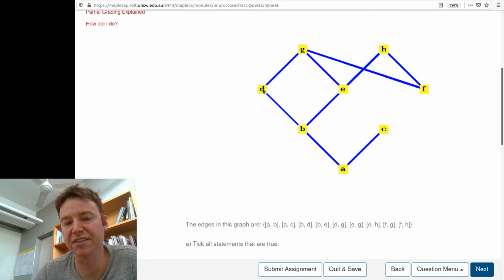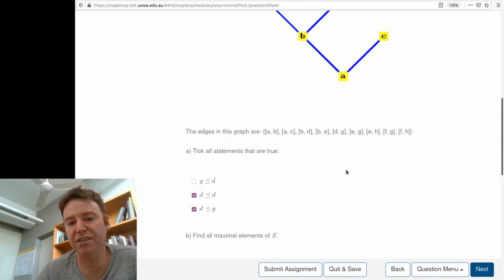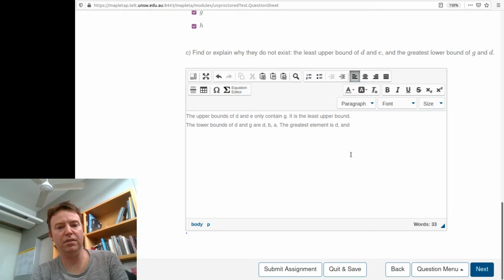The least upper bound in this case would be D, because of all the bounds, you've got D, you've got B, and you've got A. So just that branch, and D is the greatest of them. The lower bounds of D and G are D, B, and A. D is the greatest lower bound. Cool.